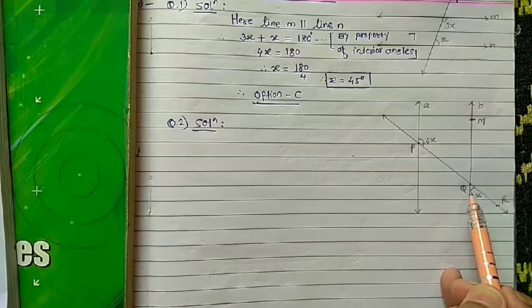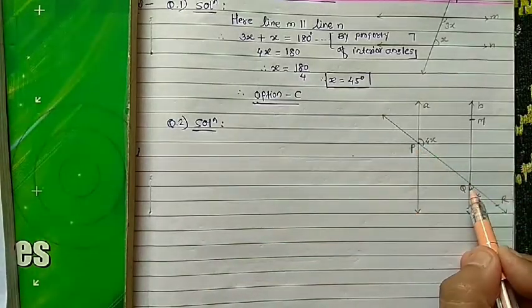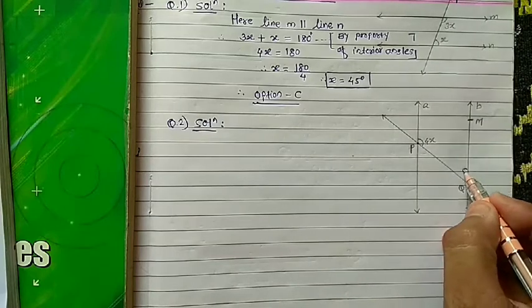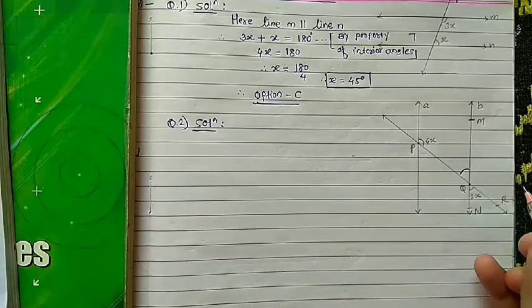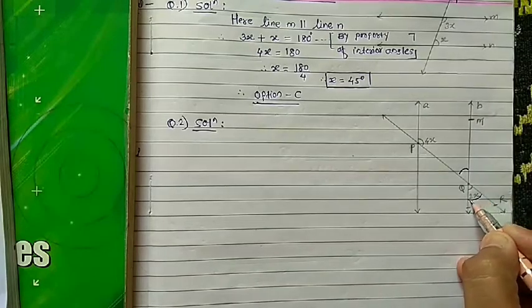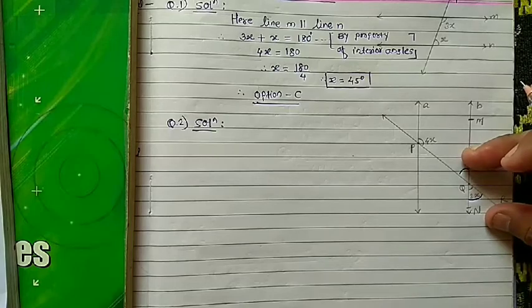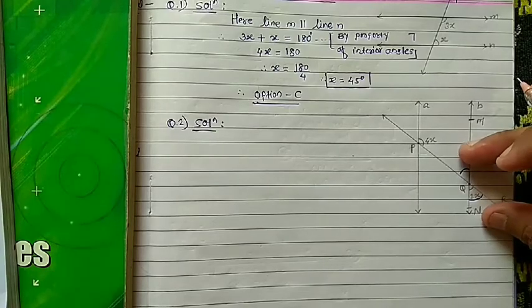So therefore here angle PQM, this angle, and angle RQN, these are vertically opposite angles, and vertically opposite angles are always congruent.